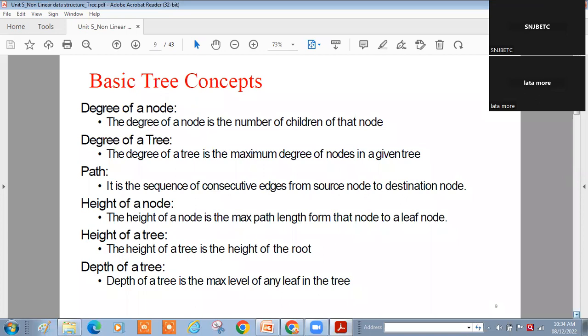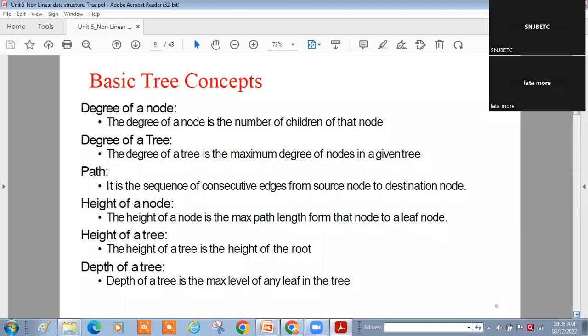The degree of a node is the number of children of that node. For a parent node, depending on the number of its children, it gives the degree of that node. Now what is the degree of a tree? For a tree, the maximum degree of any node in that given tree is called the degree of the tree.